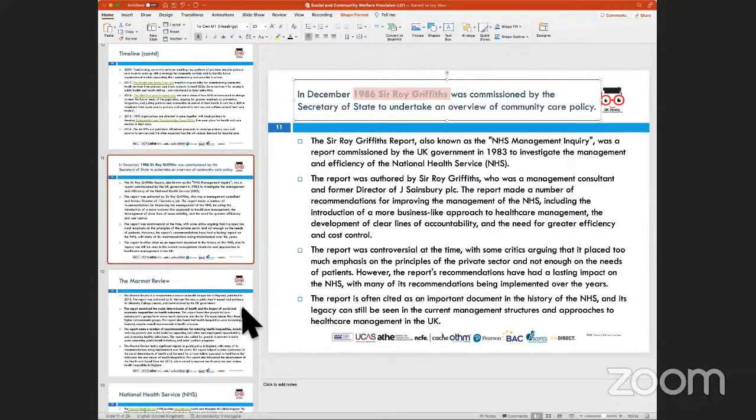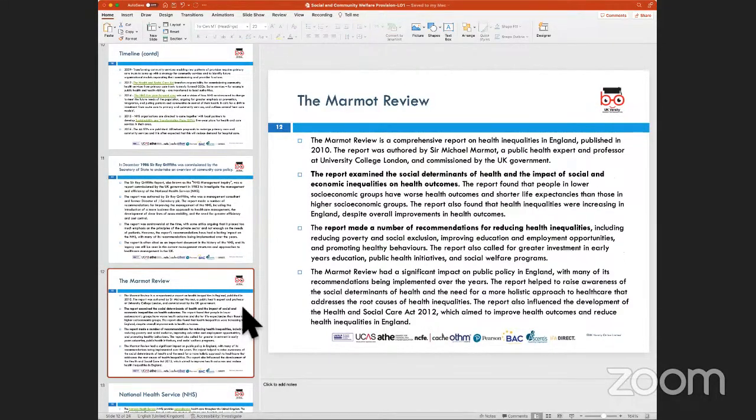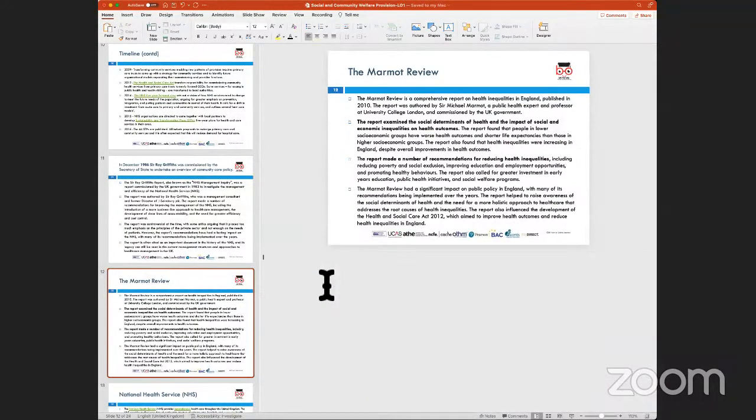One of the other important things is that there are 4 reports that all of you should be reading as far as this course is concerned. One of them is the Beveridge report, 1948. The second report is the Griffiths report of 1986.